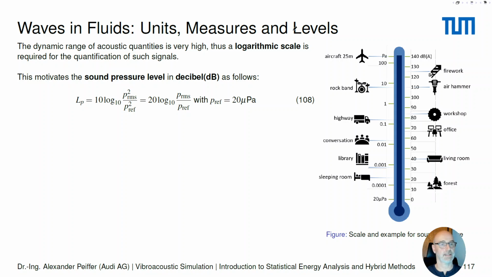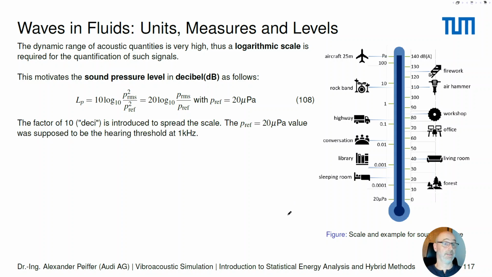Decibel is nothing else than the logarithmic scale of the root mean square pressure squared, again, divided by a reference value. And as this is squared, it could be written in this version, or if we just factor out the square, then it would read like this. And the reference value is exactly 20 micropascal.